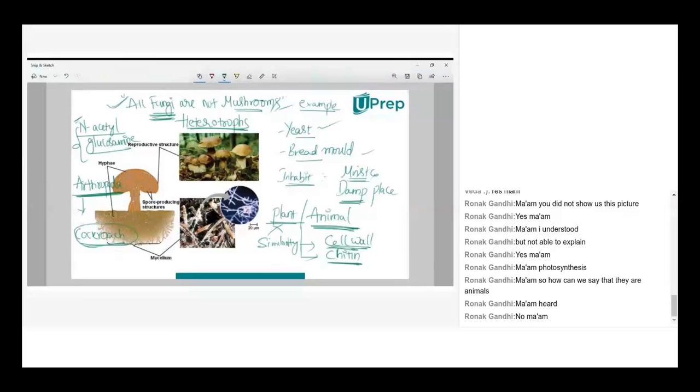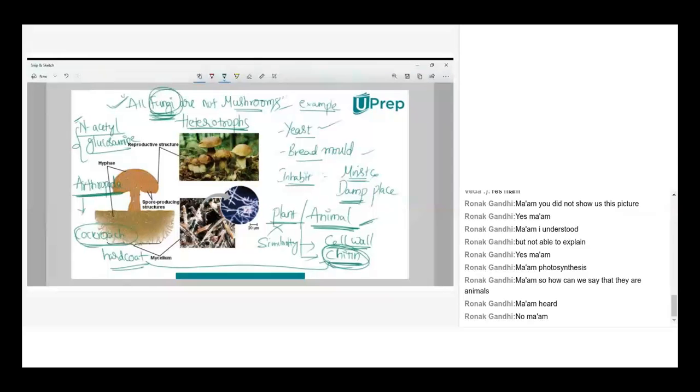When you see the cockroach body, it has a hard coat on the surface. That hard coat is nothing but chitin. One example I have given here. Likewise, so many other animals possess chitin material. The same chitin material which you find in most of those animals, we see in fungi here.